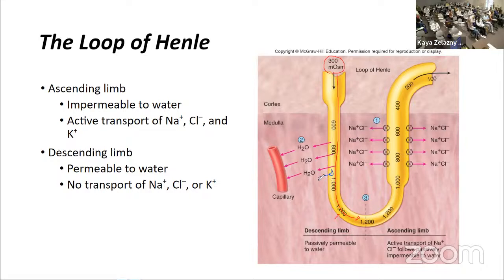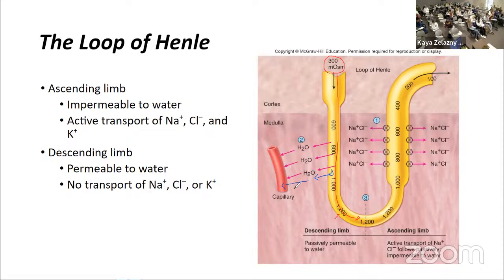So the water travels out of the fluid here. As we have water travel out, that's essentially concentrating the solutes that remain in the fluid. So the osmolarity of that tubular fluid is going up and up and up. Water is coming out. And because we have capillaries surrounding this, this doesn't have too much of an effect on watering down the medulla, because that water then goes into the capillaries.